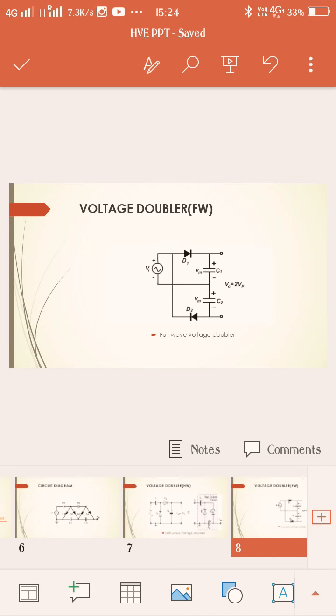During the negative half cycle, the diode D2 conducts charging capacitor C2 to Vm. If there is no load connected across the output, then the output voltage is equal to 2 Vm. However, if the load is connected, then the voltage would be less than 2 Vm.